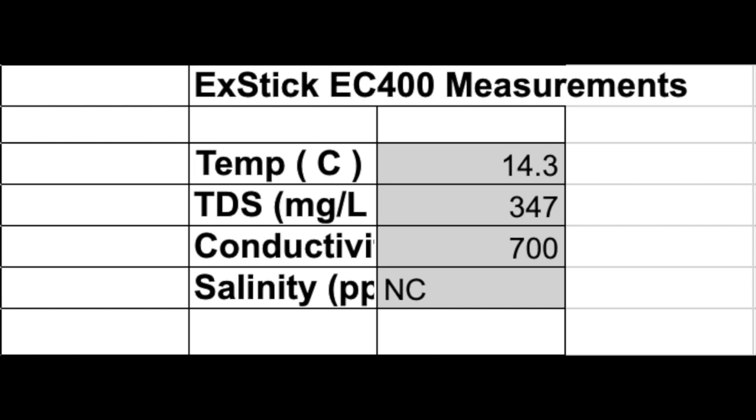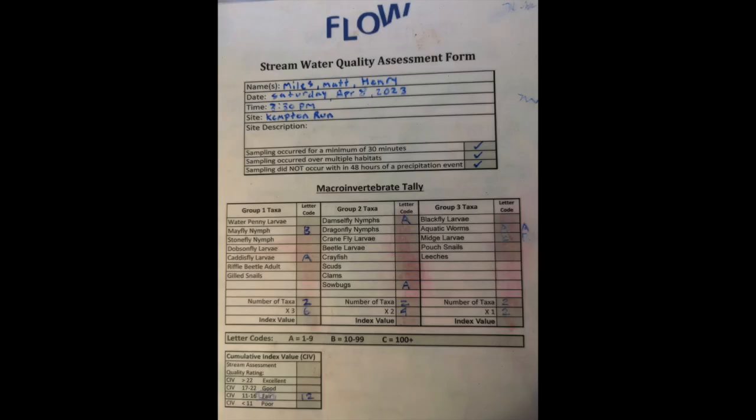We had past data to go off of, and next we had to compare our data to theirs. In our sample, we were able to find 2 Group 1 taxa, 2 Group 2 taxa, and 2 Group 3 taxa, adding up to a CIV score of 12, which also represented a fair rating of stream quality.